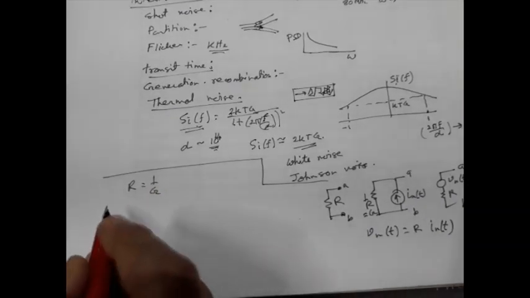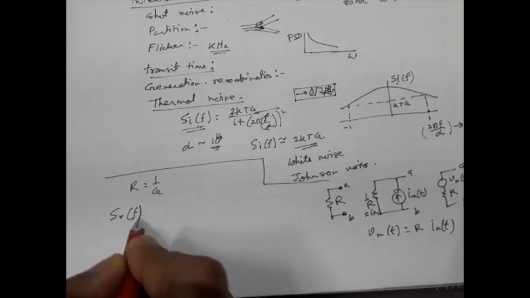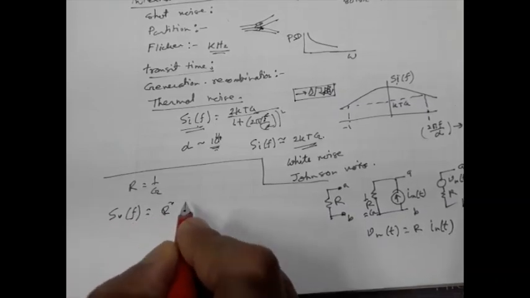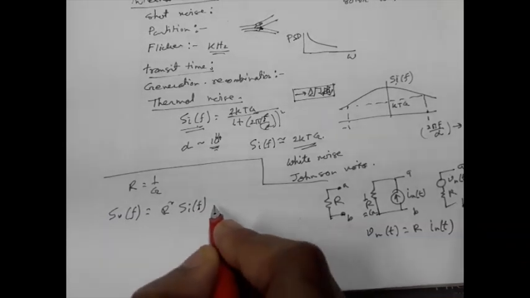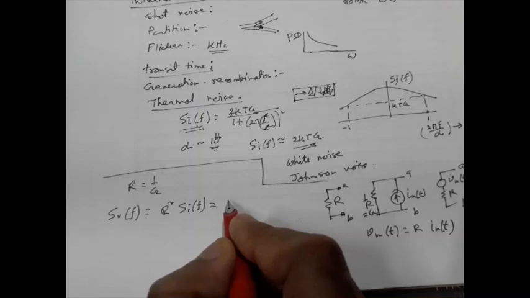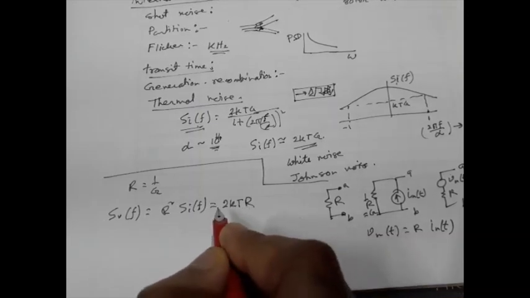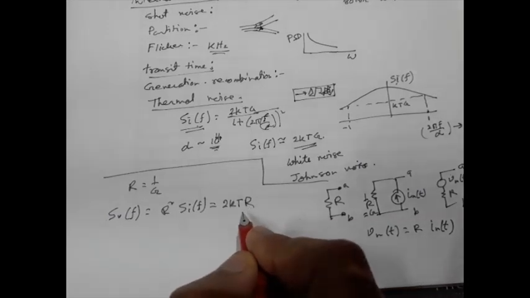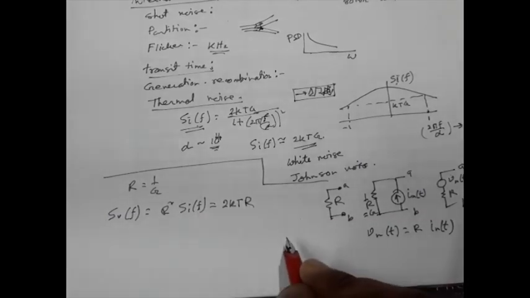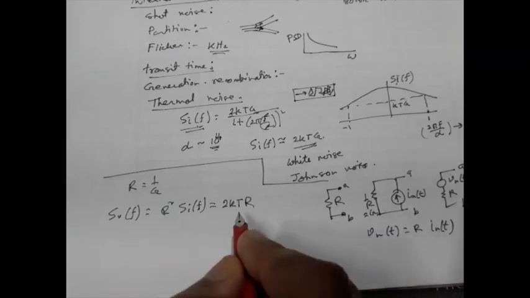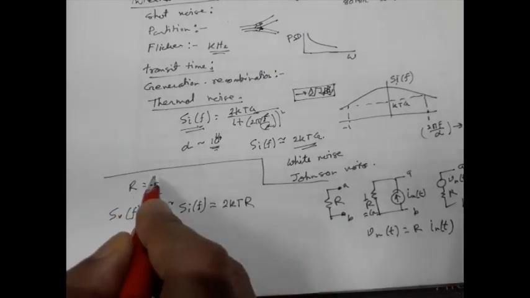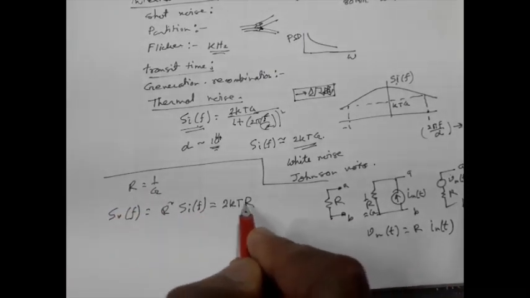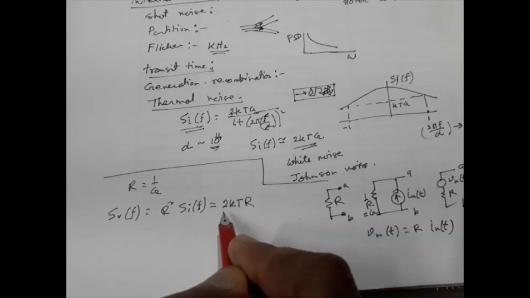So S_V(f) can be written as R square into S_I(f), which we can write as 2kT into R square times G, and because R equals 1 by G, this is 2kTR. This is the power spectral density of the noise voltage.